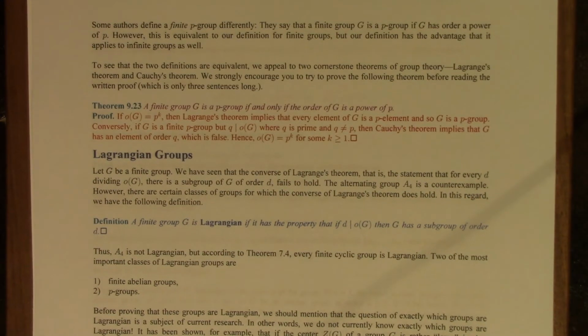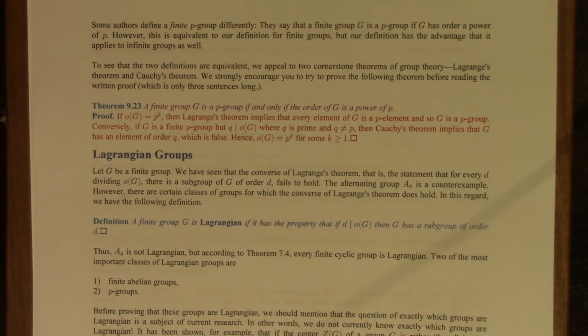Now, first item of business. Some authors, many authors, maybe too many authors, define a finite P group differently. They say that a finite group G is a P group if G has order a power of P. Don't mention the elements.